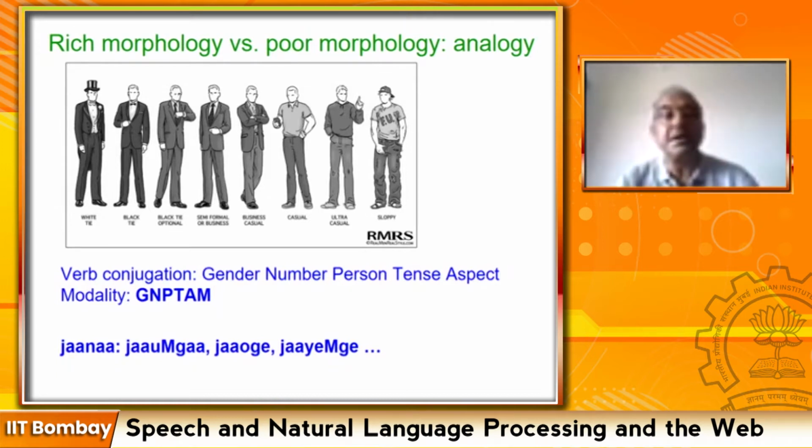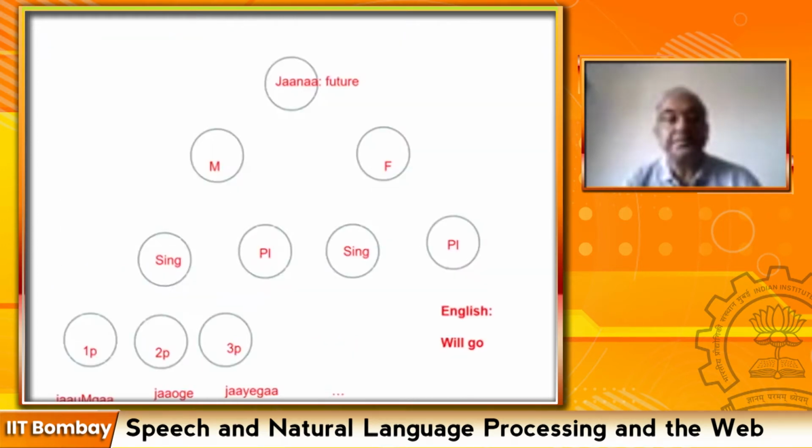So this particular point I would like to dwell for some time on. The reason is that it is very instructive to see how verbs get transformed. Now, we took the example of jana and its future tense form and understood that if I follow the path from root to the leaf, I will get the form of the root word transformed according to gender, number, person, tense, aspect, modality.